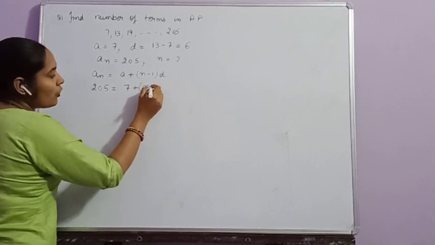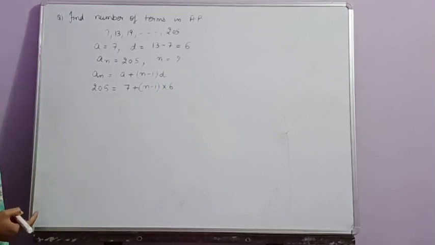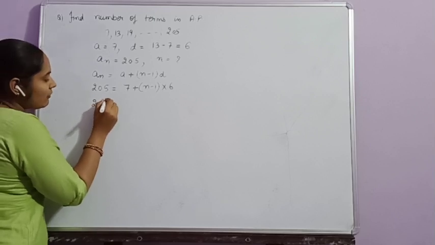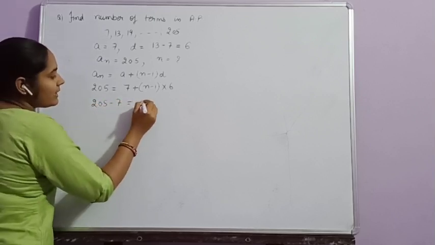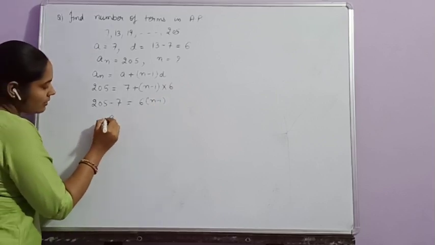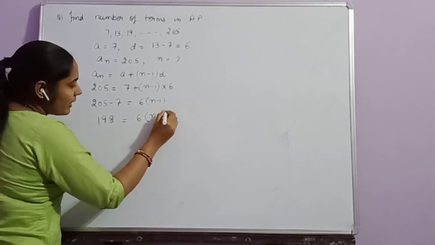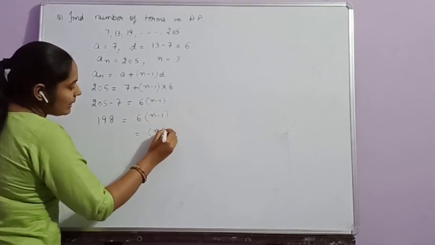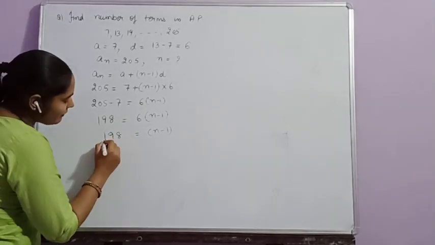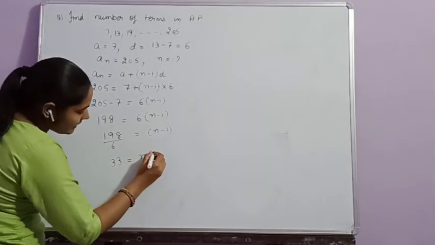We have to find value of n and value of D is 6. 7 is in addition on right hand side, on left hand side it will be negative. 198, that is equal to 6 into n minus 1. 6 is in multiplication on right hand side, on left hand side it will be in division. 33, that is equal to n minus 1.